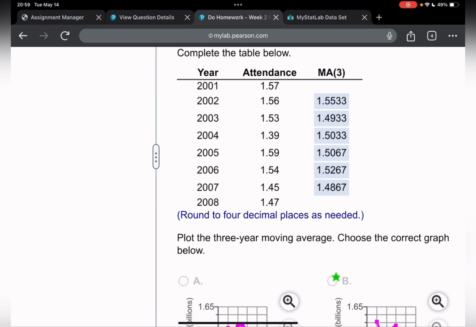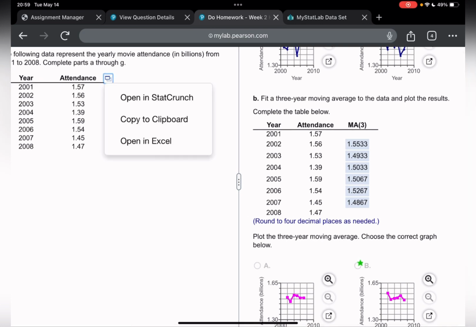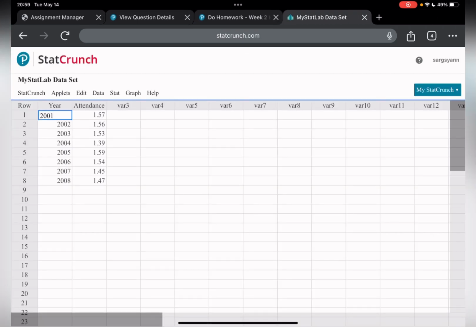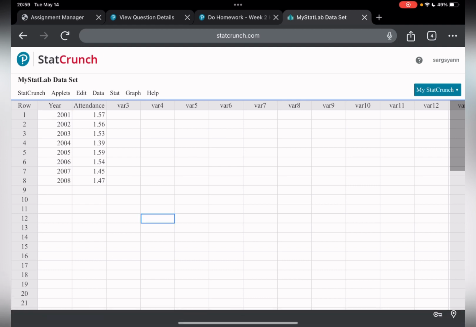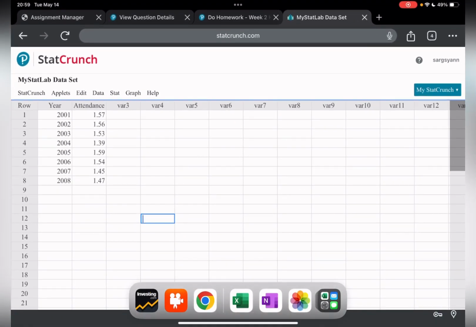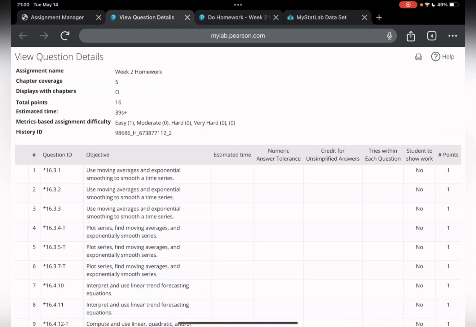So you are going to load this into StatCrunch. Let me see. Yeah, it's not going to bring this. And it wants us to build the, where is it?